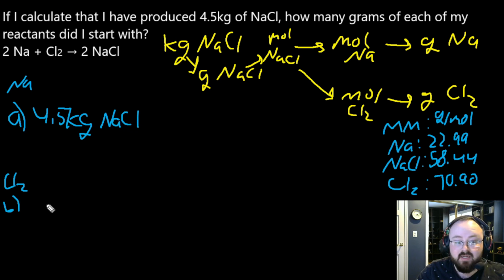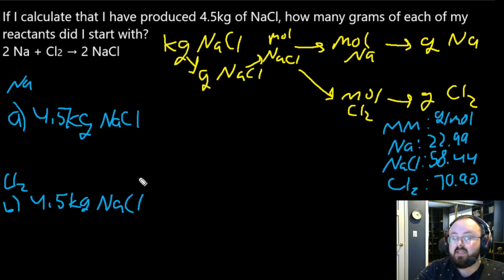And what's actually nice is that we're starting out with the same amount for part B. And so our initial moves are going to look the same because we don't actually branch until this step right here. So we can set up both of our equations in the same way.